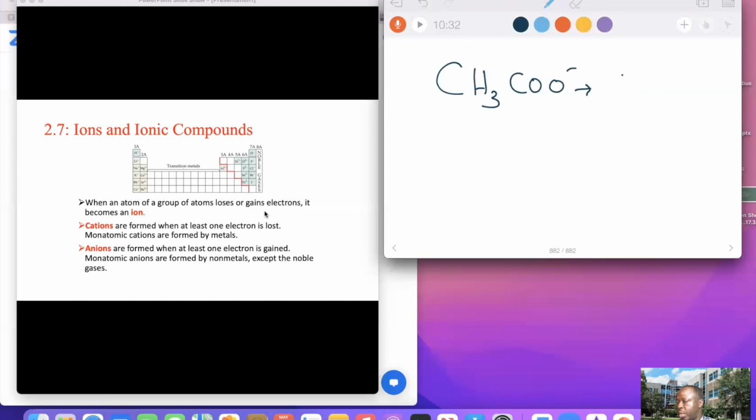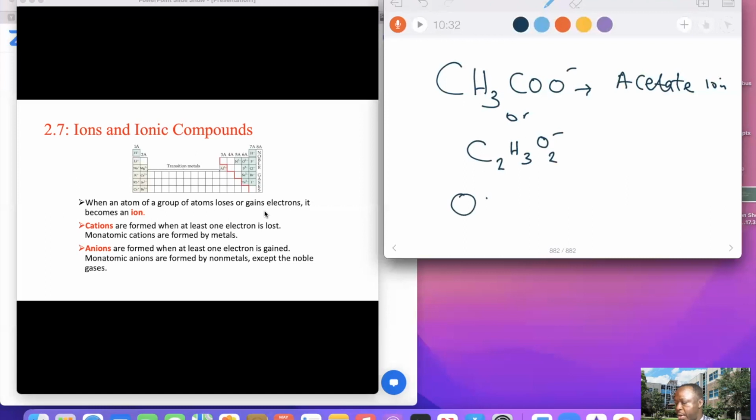This is acetate ion. Sometimes you may see this as C2H3O2 negative. It's the same thing. Acetate.